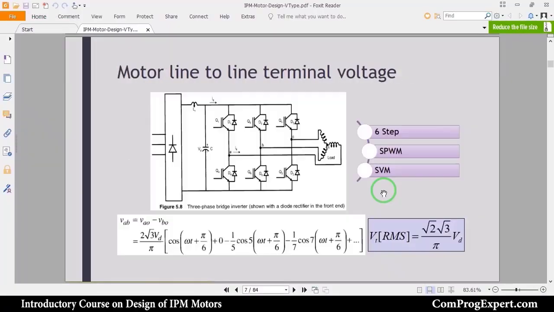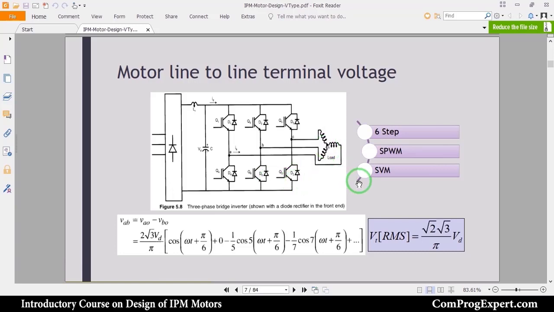Now let's talk about the calculation of line-to-line terminal voltage. This figure shows a three-phase bridge inverter, and this is the load, a three-phase load. Our motor is there.